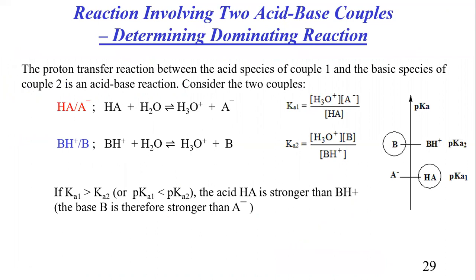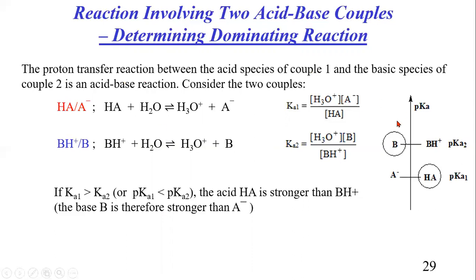Now let's look at an example where I have a mixture of two couples. I have couple 1, which is HA with A minus in my solution, and I have BH plus with B as my second couple in solution.